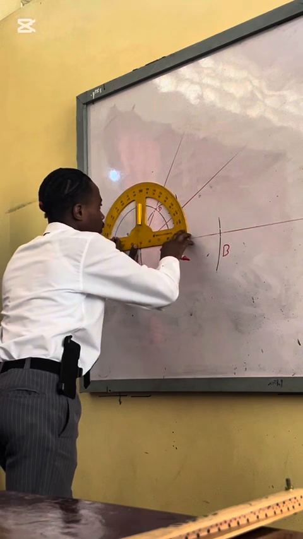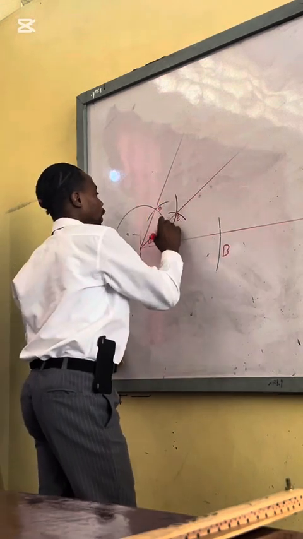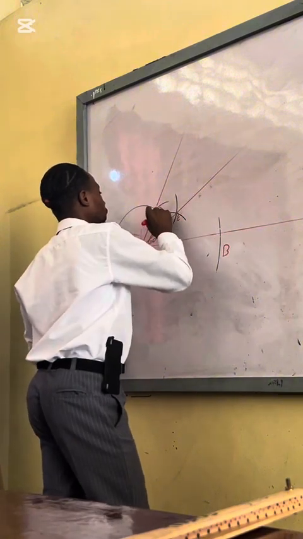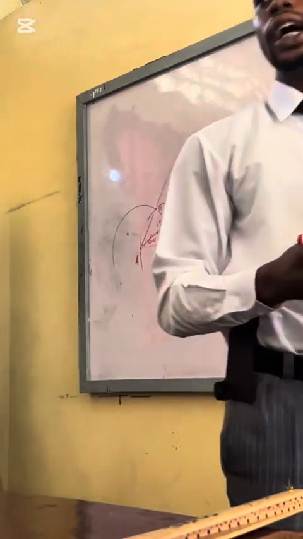We count 10, 20, 30. So it is divided into two equal parts, 30 at the top, 30 at the bottom, making the whole complete angle 60 degrees. Isn't that so?